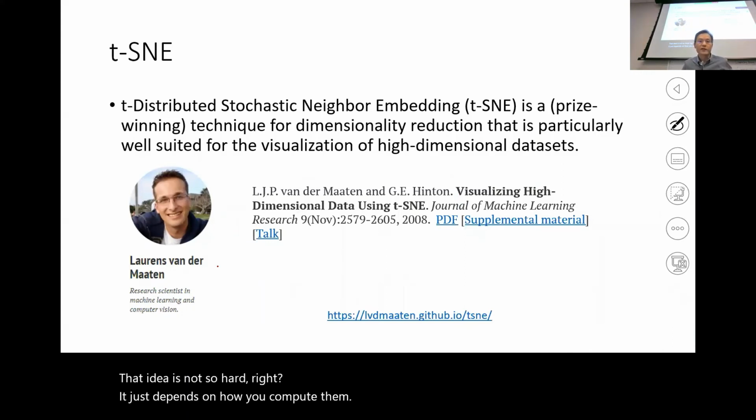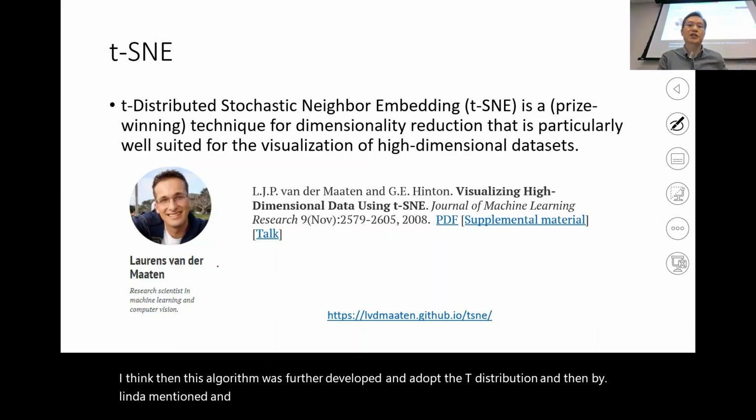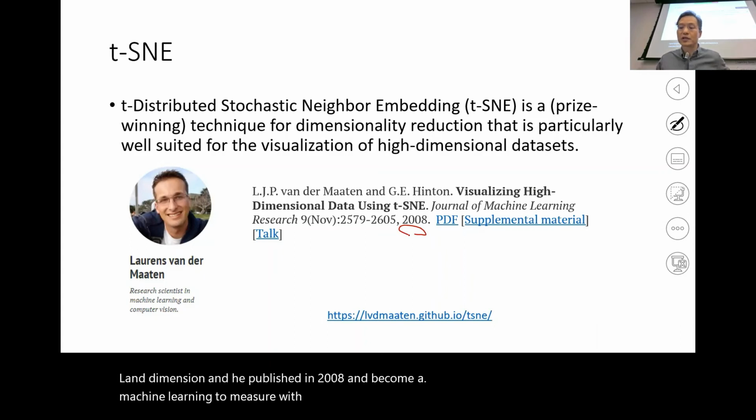I think then this algorithm was further developed and adopted the T distribution by van der Maaten, and he published it in 2008 and it became a machine learning dimension reduction algorithm popularly used in the machine learning field.